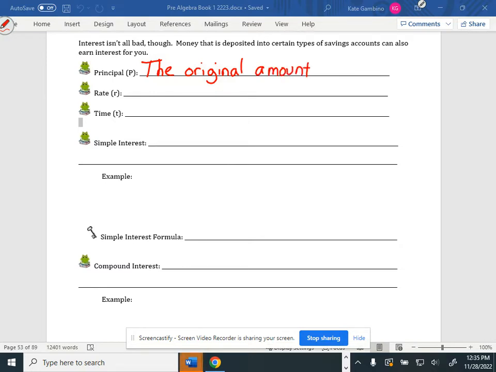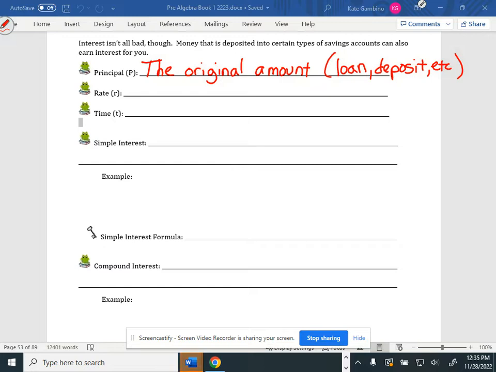So your principal is that original amount of money. It's the amount that you deposited into your bank account. It's the amount that you borrow from the bank. So it could be a loan. It could be a deposit. Whatever it is, it's that original amount. So loan, deposit, etc. Other things like that.